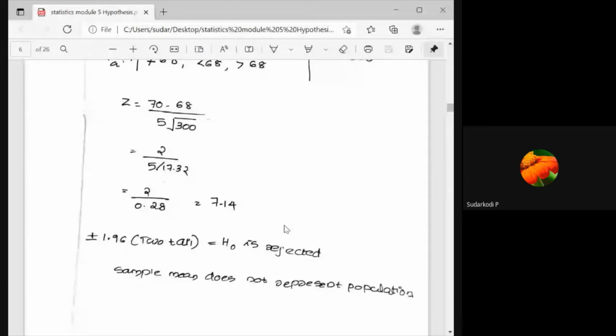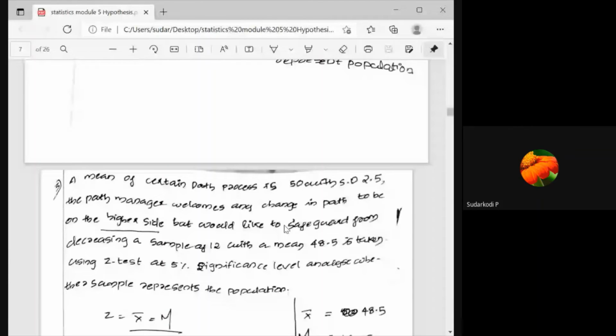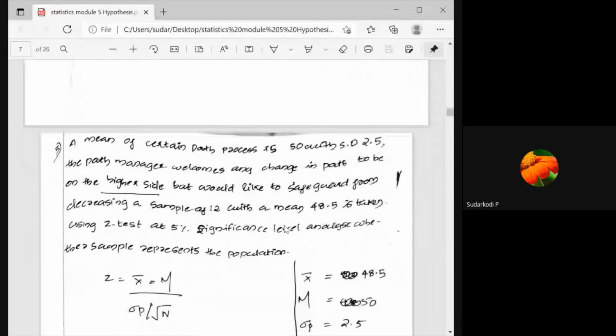Now, third sum, again same concept, but you can read the question properly. A mean of a certain path process is 50 with standard deviation 2.5.